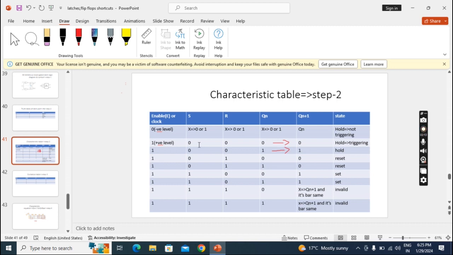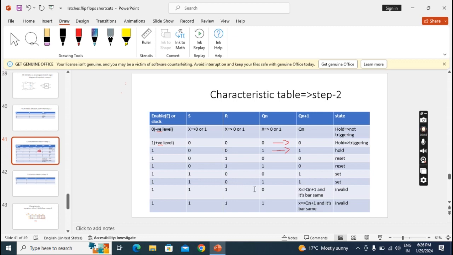So how to write this S value, R value, Qn value, we'll see. Suppose there are two inputs, meaning four combinations: 0, 0, 0, 1, 1, 0, 1, 1. Qn can be 0 or 1 when inputs are 0, 0. Qn can be 0 or 1 when inputs are 0, 1. Qn can be 0 or 1 when inputs are 1, 0.